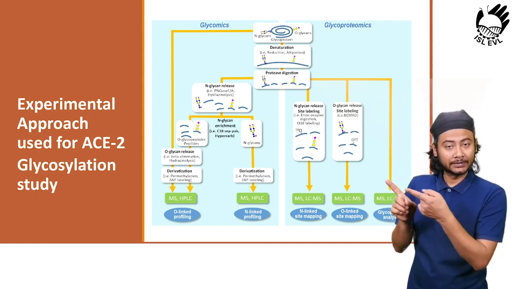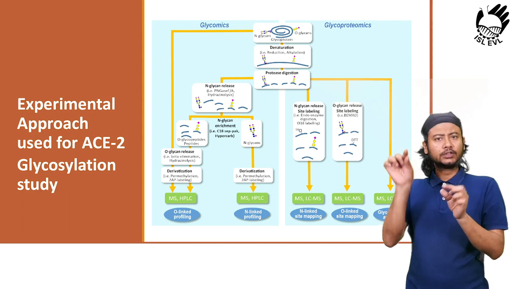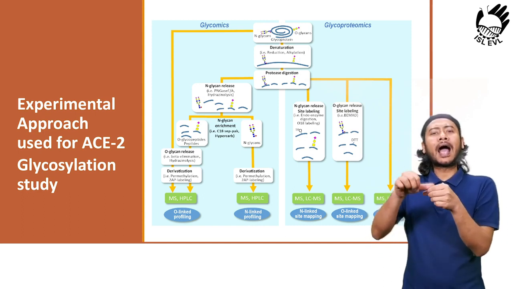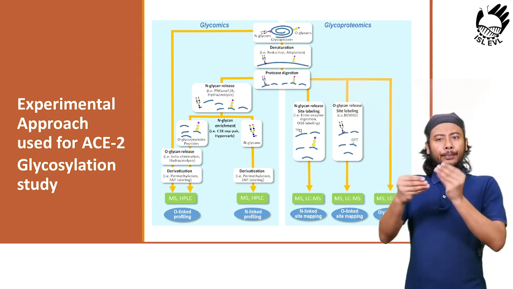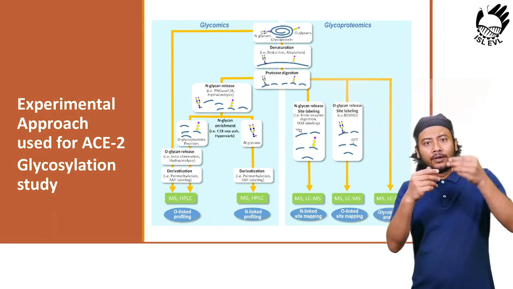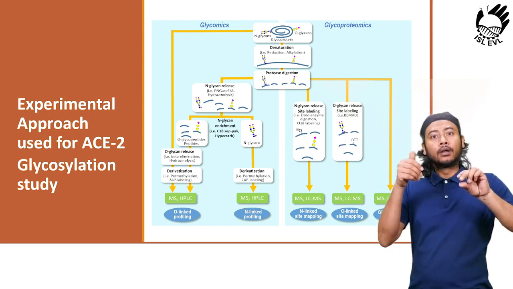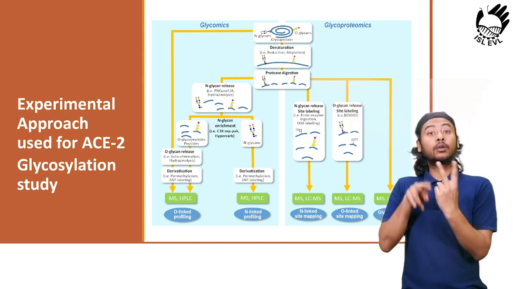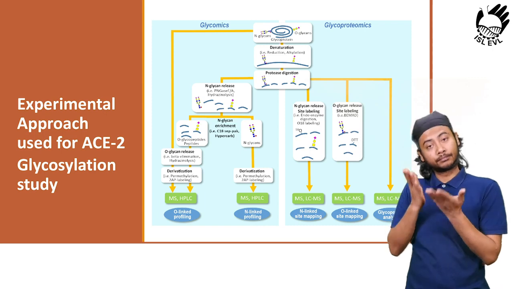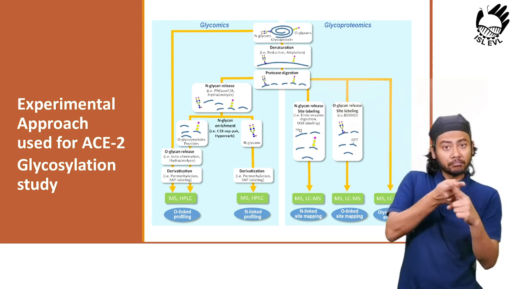The derivatization we mostly performed is permethylation, that means converting all hydroxyls on the glycans into methyl groups. That will increase the mass spec sensitivity. Then they are analyzed by mass spec, either MALDI-MS or ESI-MS.